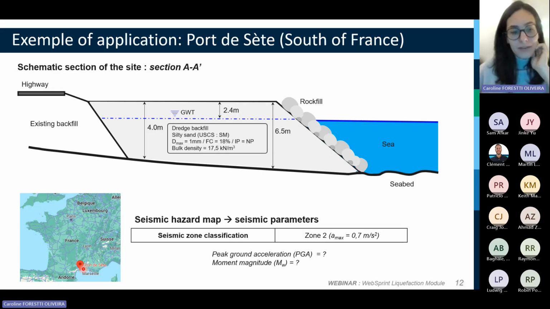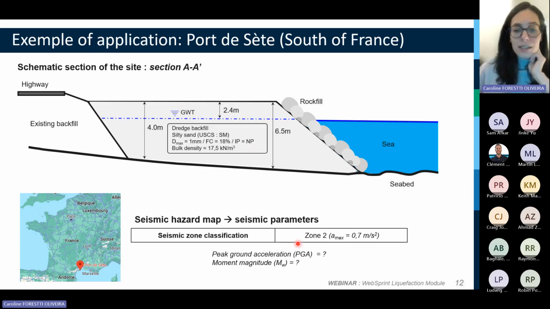Actually, France is not a very seismic country, at least metropolitan France; some other departments are not situated in Europe. For this analysis, this place, exactly where we did this testing, is classified using Eurocode 8 as zone 2.